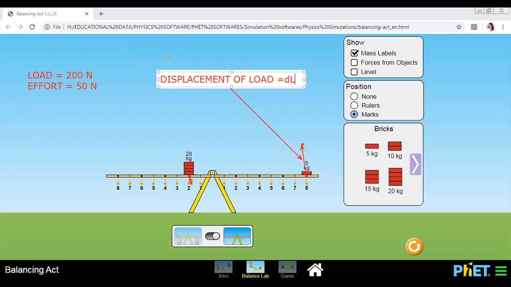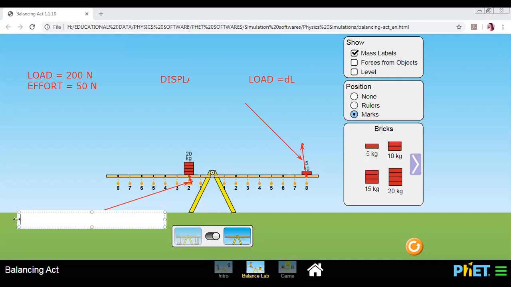And this distance, can you see it's such a small distance? Sorry, this is the displacement of load. I'm so sorry.